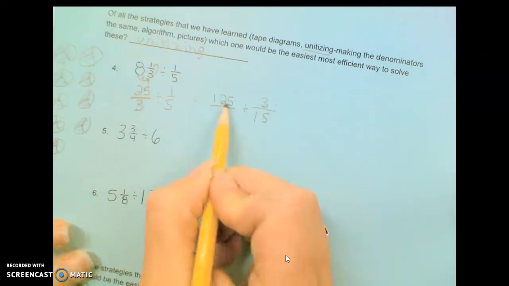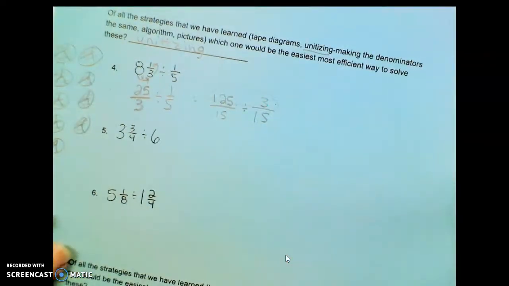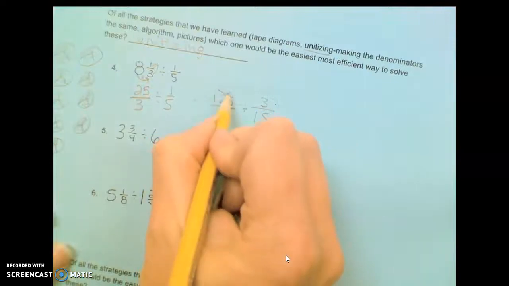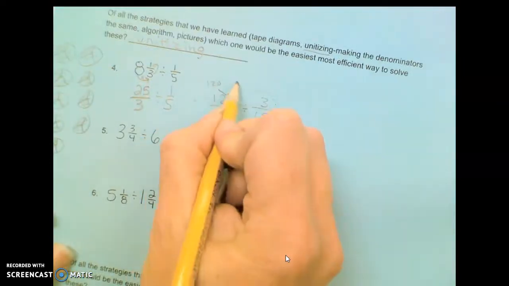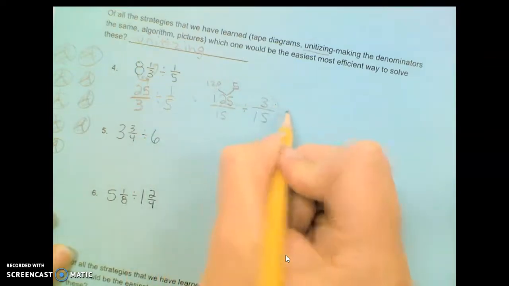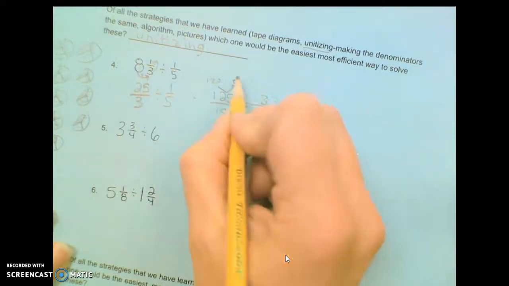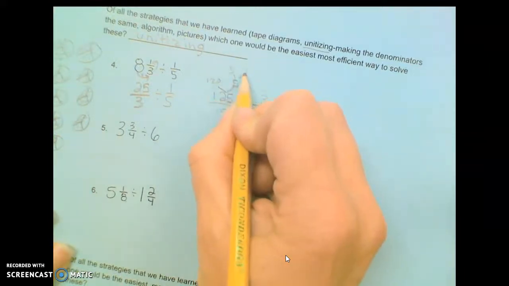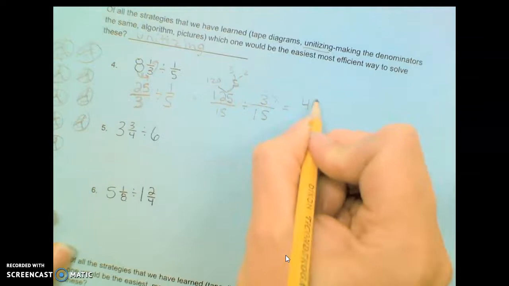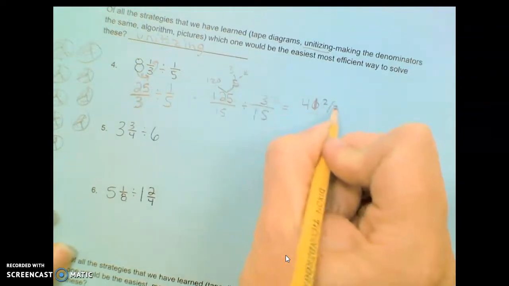So now I have to figure out how many groups of 3 are in 125. So I could break this into 120 and 5. 120 divided by 3 is 40. 5, I can break that again into 3 and 2. So that's one more. So that means I have 41 and 2/3 of another.